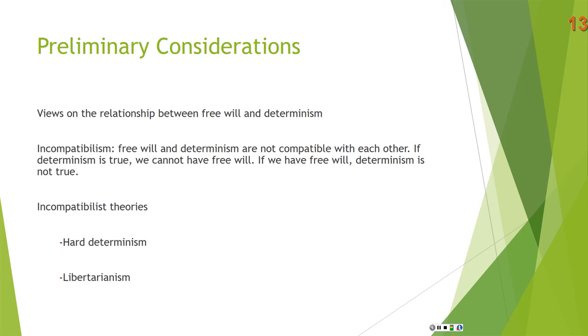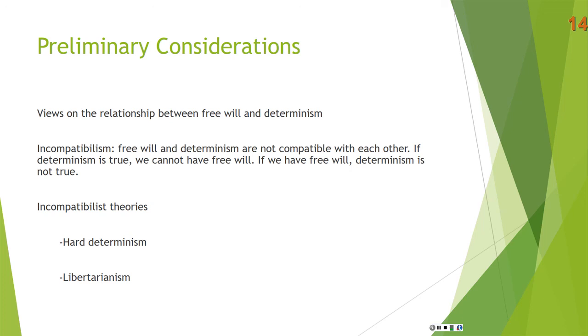Hard determinism is the claim that determinism is true and therefore we're not free. So hard determinism embraces incompatibilism, which says that free will and determinism are not compatible. And then they say that we are in fact determined and therefore we're not free. Whereas the libertarian embraces incompatibilism, and it says that we're free, therefore our actions are not determined, right?